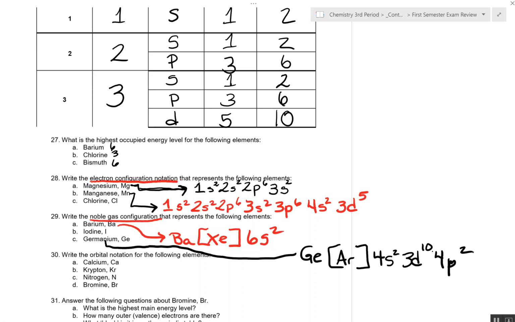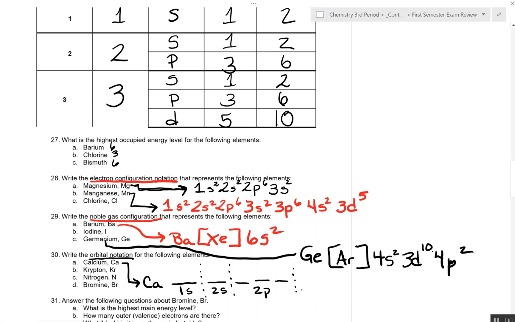Now, orbital notation is different. This is with the arrows. So let's do calcium. Calcium's way down, so we're going to do this. We're going to have 1s, 2s, 2p.